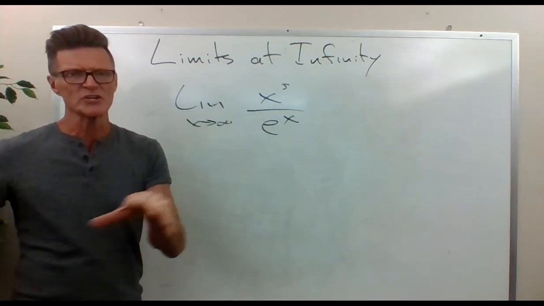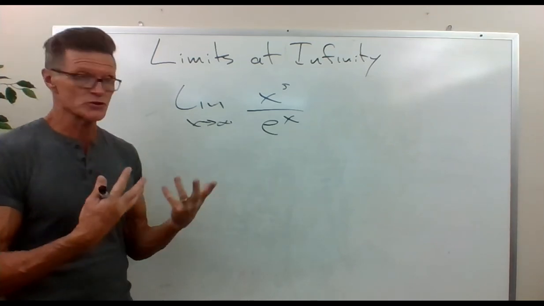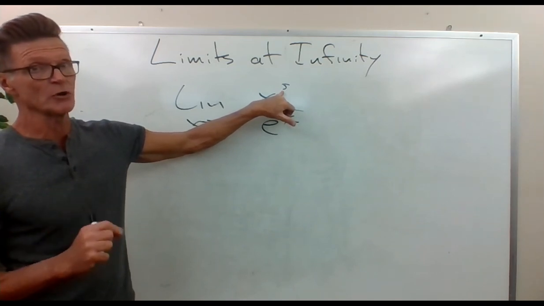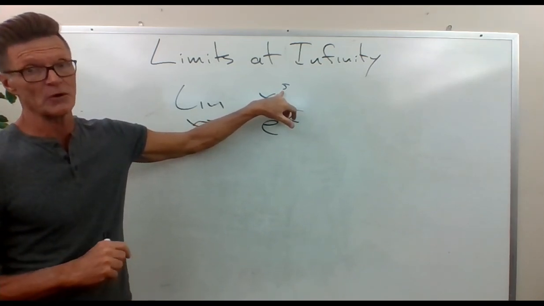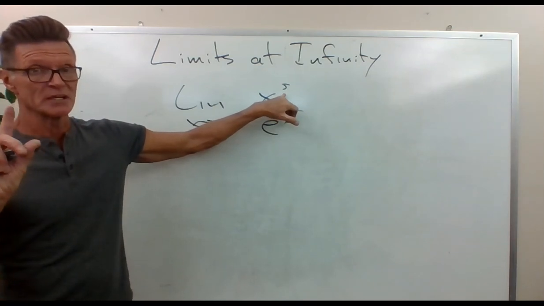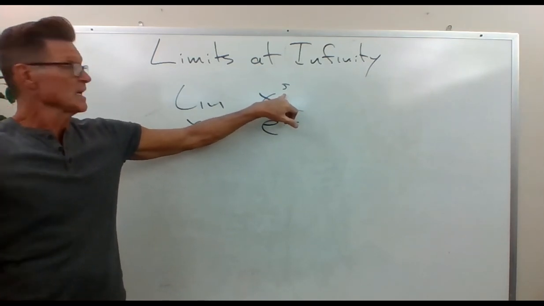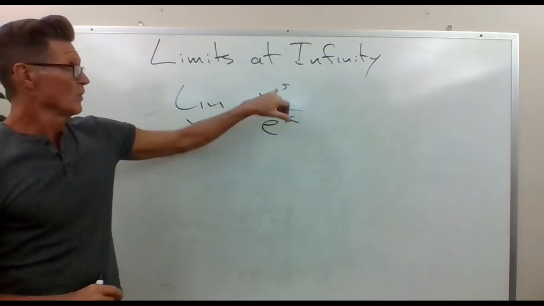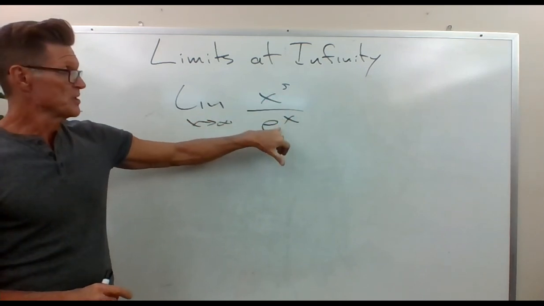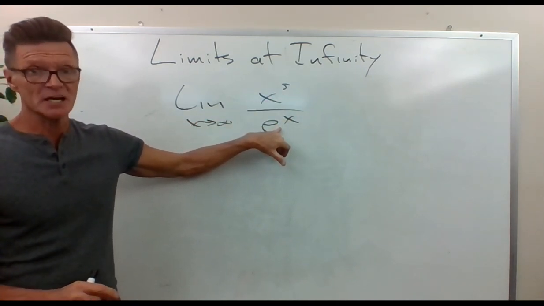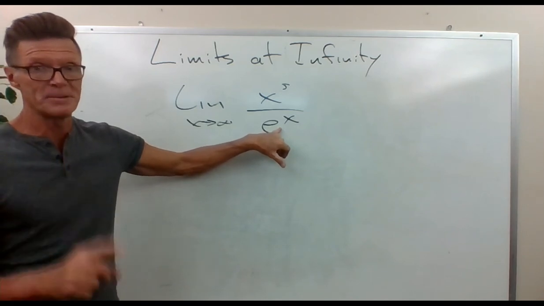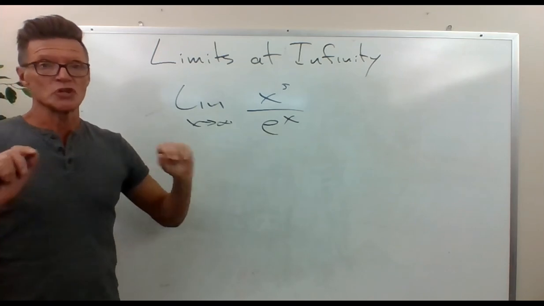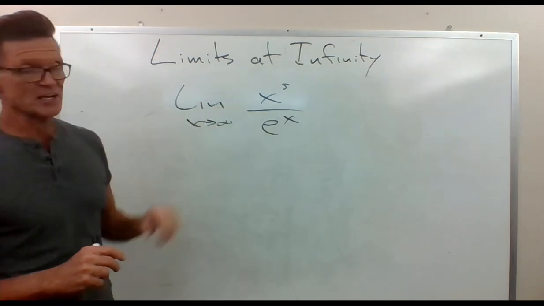But what I'm going to tell you is true: no matter how large the exponent is in the polynomial function, this could be the 100th power or the 1000th power or the millionth power, eventually, as we get towards infinity, even if this was x to the billionth power and this is just e to the x, this is going to be pretty big, but e to the x is eventually always going to be bigger than a polynomial function. In other words, e to the x grows larger faster than x to the 5th will.